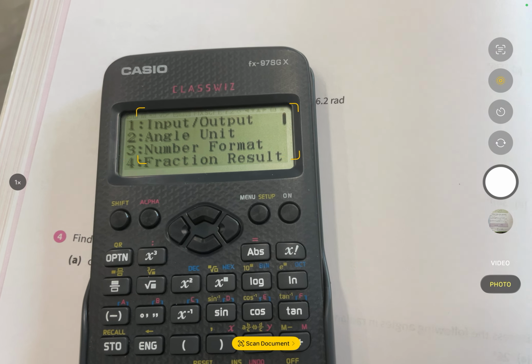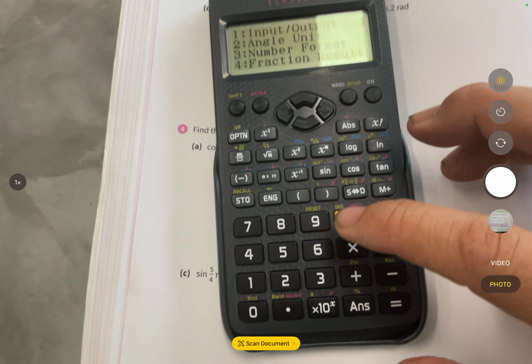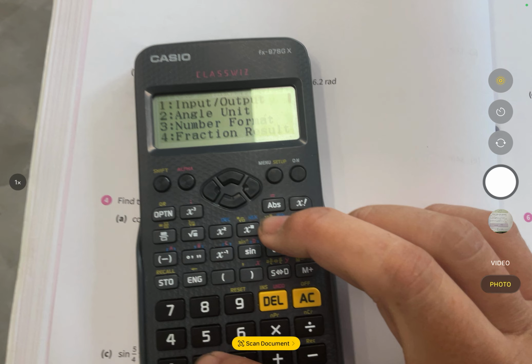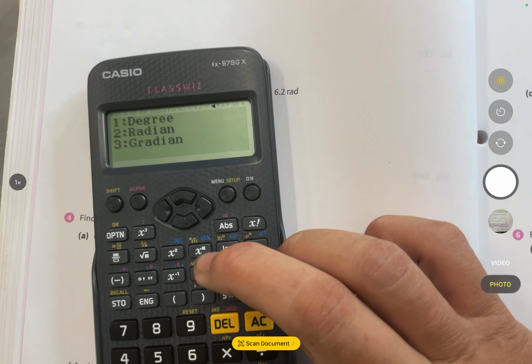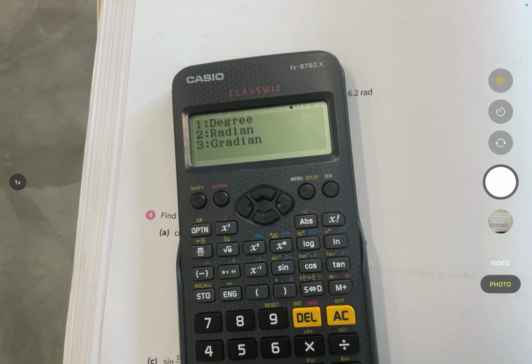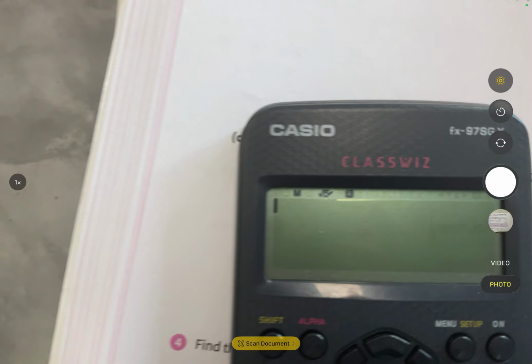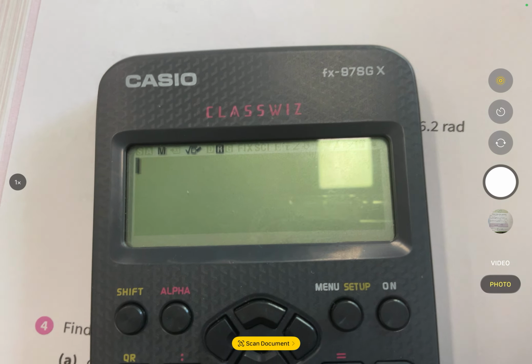Radian mode. So now you have to double check your calculator already when you are doing your sine, cosine, tangent. Because sometimes you may have left your calculator in radian mode, then when you go back to doing degrees, you never change, then you will get the wrong answer.